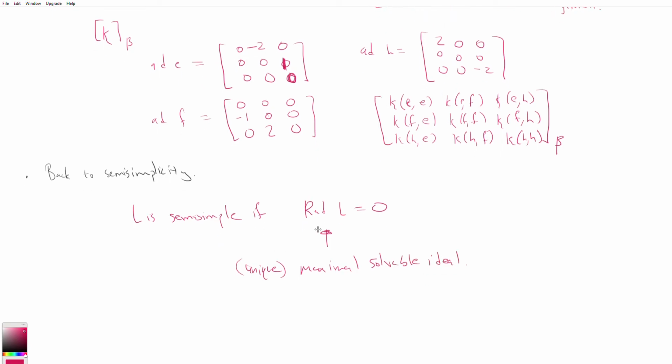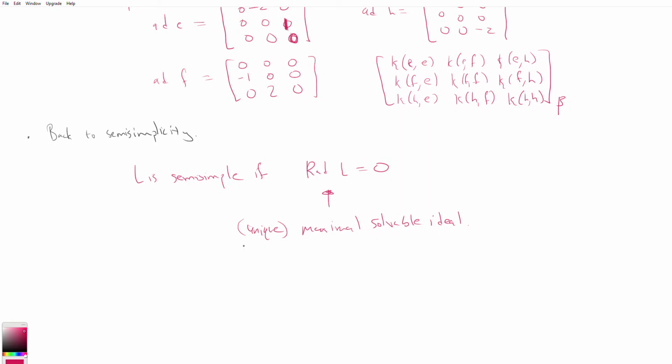And this actually contains all solvable ideals, because if it didn't, let's say there was some ideal I that was not contained in rad L that's solvable, then you could just add the two, right? And since rad L is maximal, the sum of these two things is going to be a solvable ideal. And so by maximality of rad L, this is equal to rad L, and so this forces I to be contained in rad L, right? So this contains all solvable ideals.